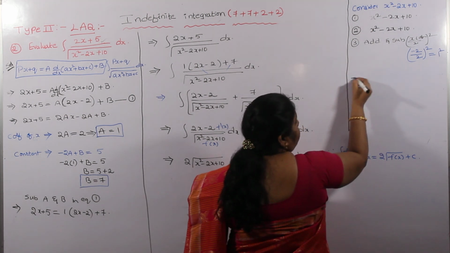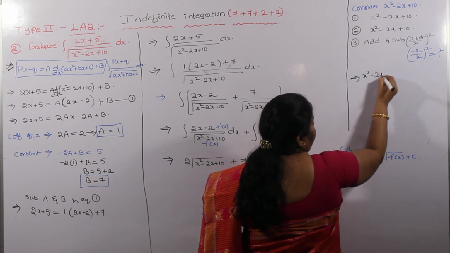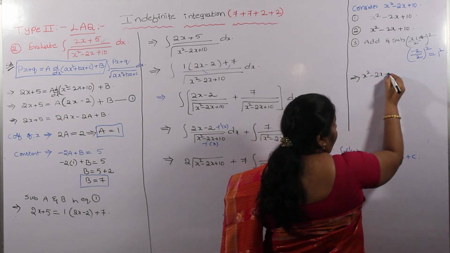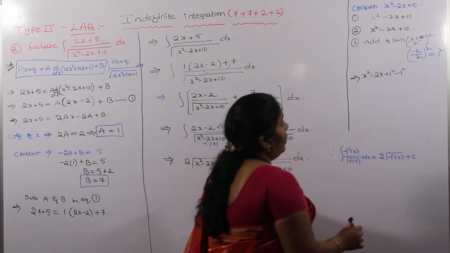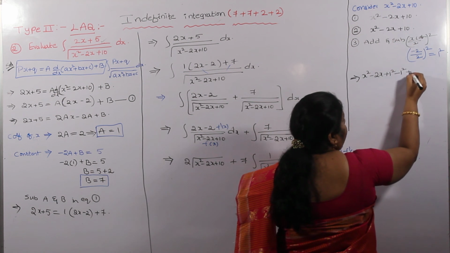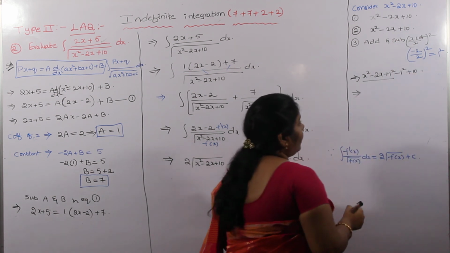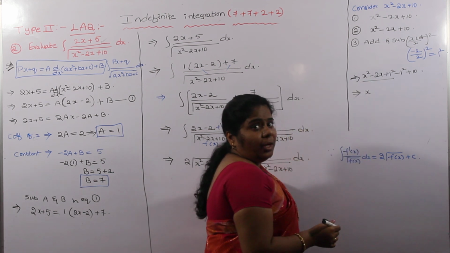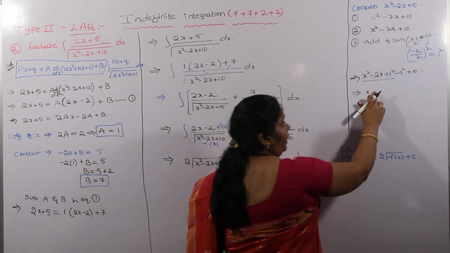Now this expression becomes x square minus 2x, take it directly, add 1 square, subtract 1 square, no need of change, plus 10 as it is. Up to this, the expression becomes x as it is. When the x coefficient is negative, we take negative.